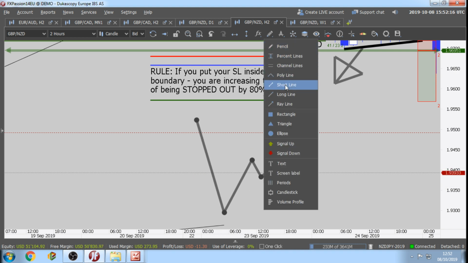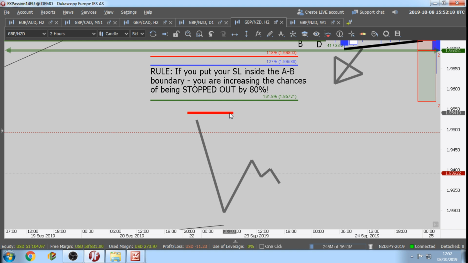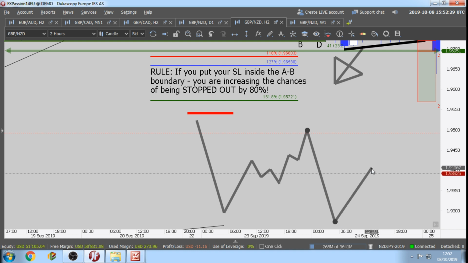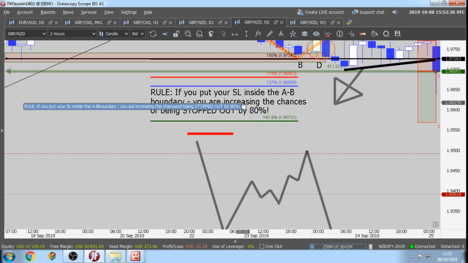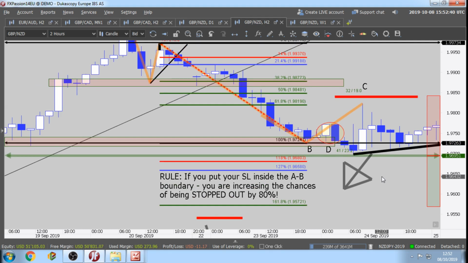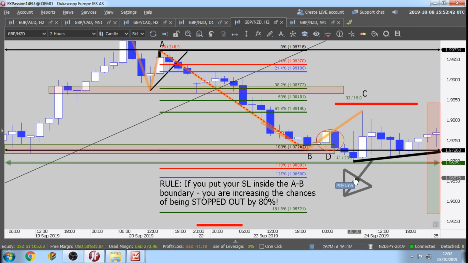Stop loss should go above the extension because the market can retrace further and it's not going to change its structure. It's the same concept. When the C is close to A, it doesn't matter if you put a stop loss inside the AB boundary, you are increasing your chances of being stopped out by 80%.